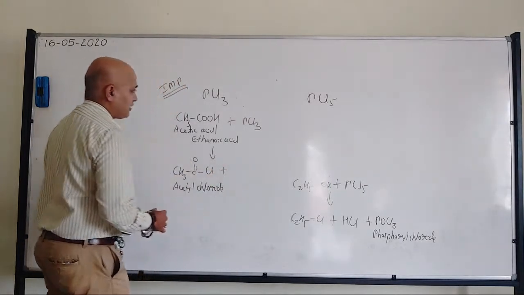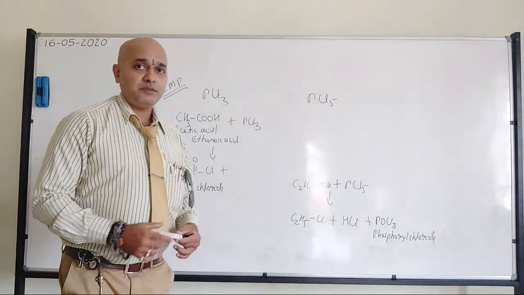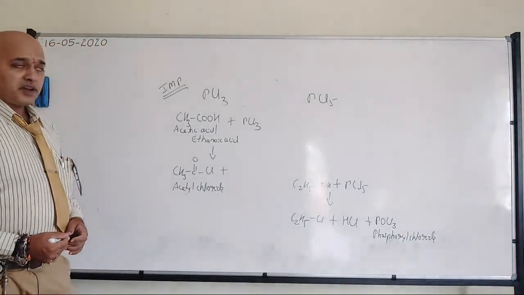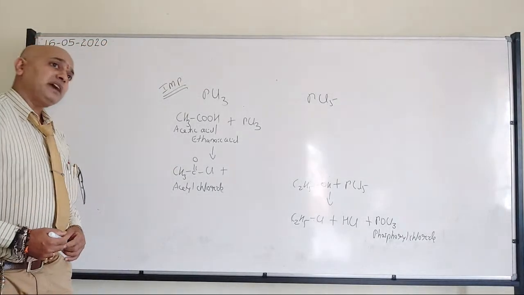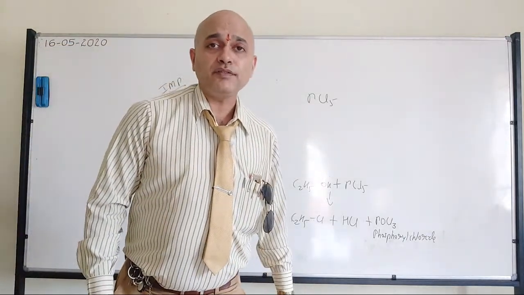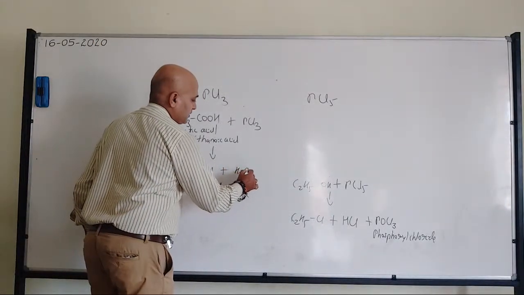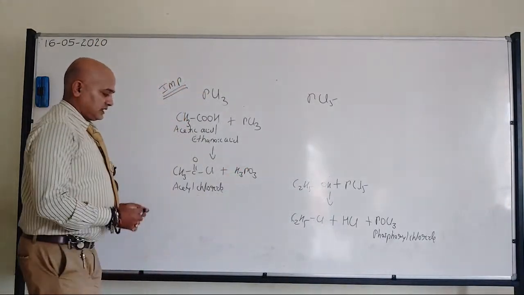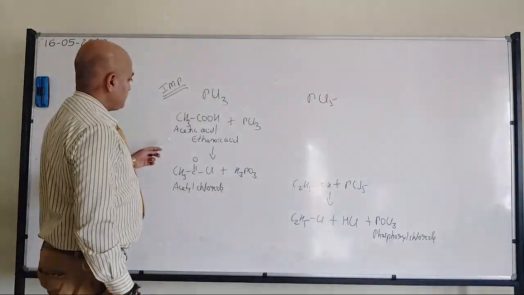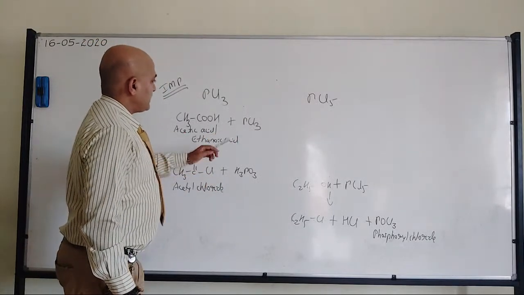Another product will be the same as that of the earlier reaction with ethanol, the same type of reaction: H3PO3. Whether we have to balance the equation, we will see. Taking phosphorus, okay.